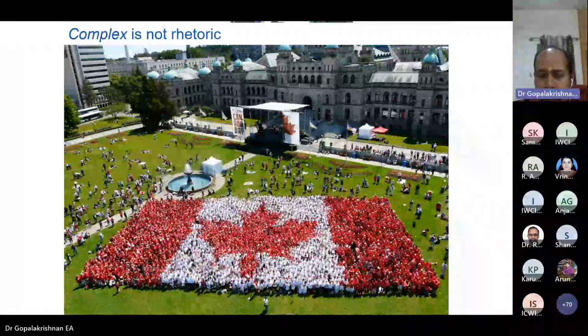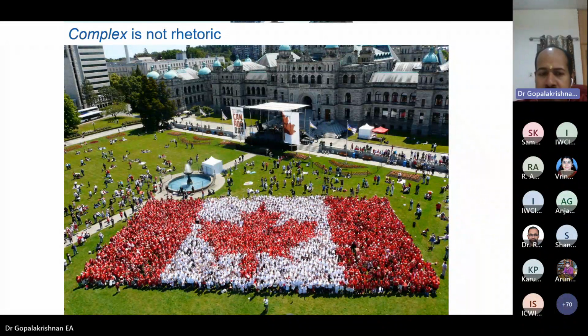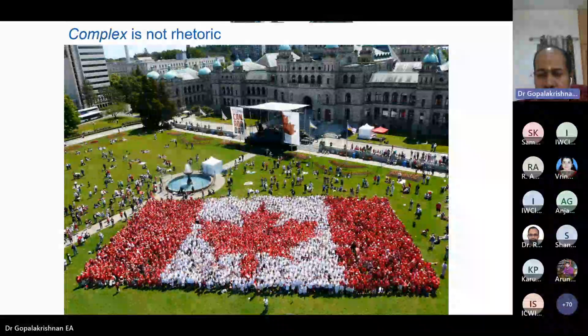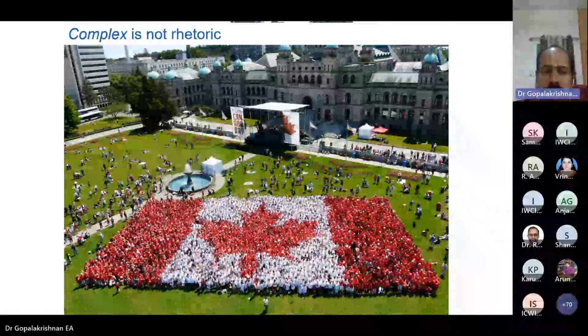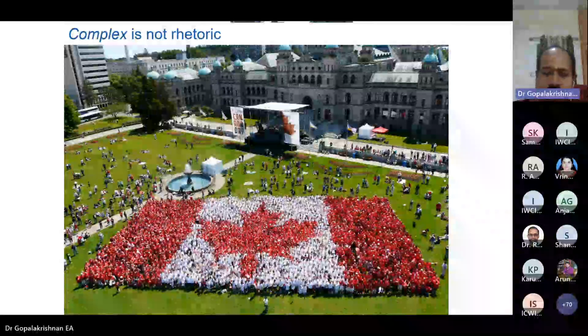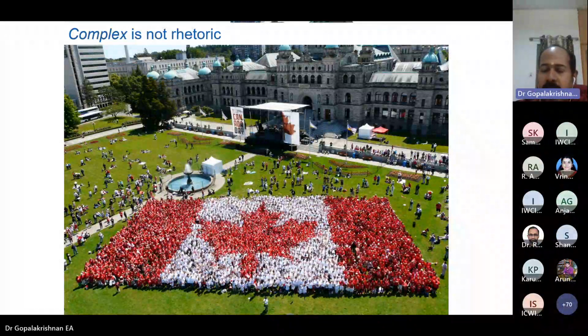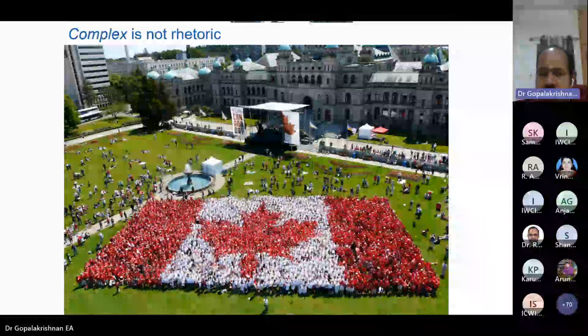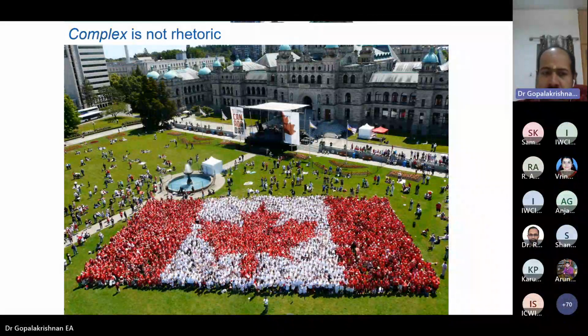When you go closer and closer, you see it consists of different human beings, each holding a card or wearing a dress of a particular color. When you go deep into the system, and take each unit of the system, you cannot see the flag, whereas if you see the system as a whole, you can. It is like we say, the forest and the trees.